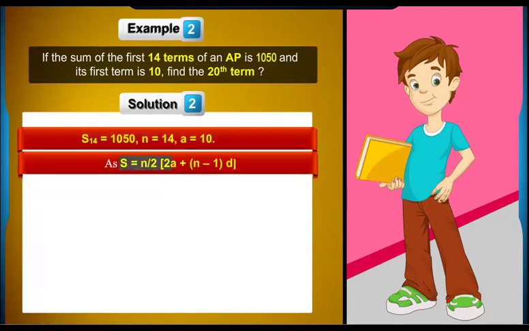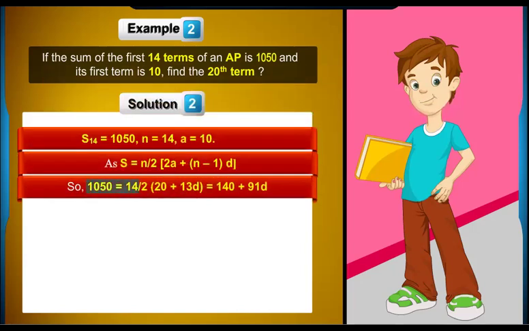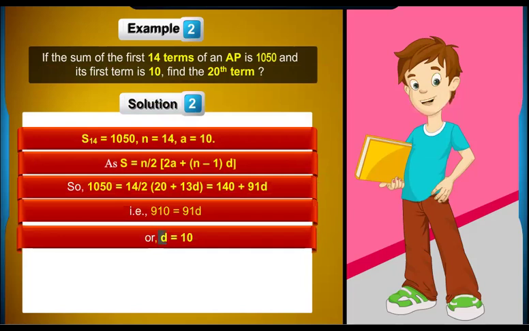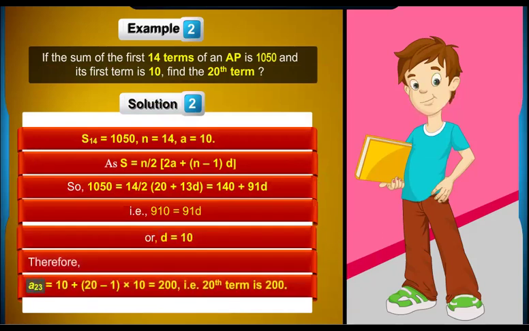As S = n/2 (2a + (n - 1)d), so 1050 = 14/2 (20 + 13d) = 140 + 91d. That is, 910 = 91d, or d = 10. Therefore, a20 = 10 + (20 - 1) × 10 = 200. That is, the 20th term is 200.